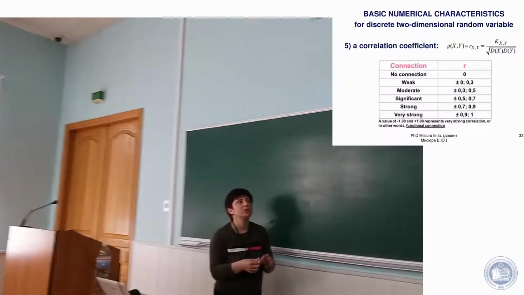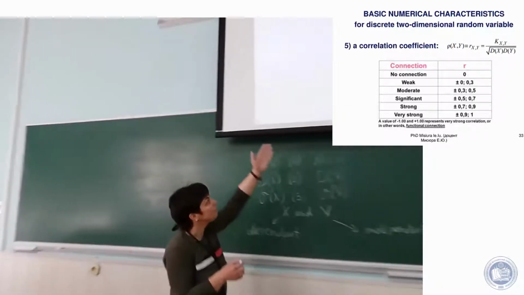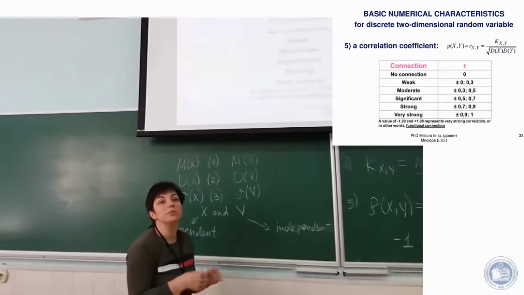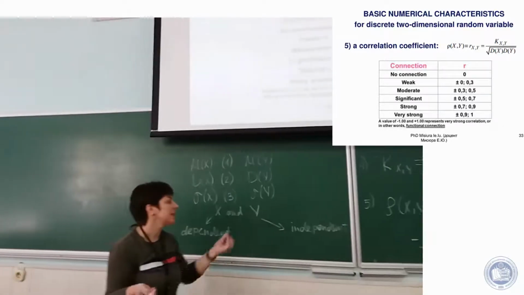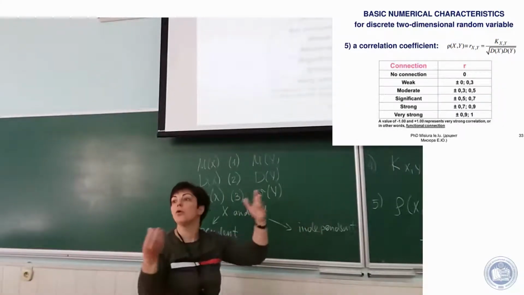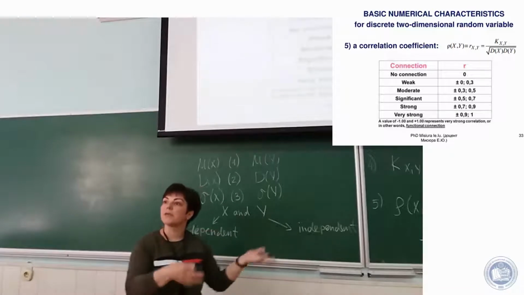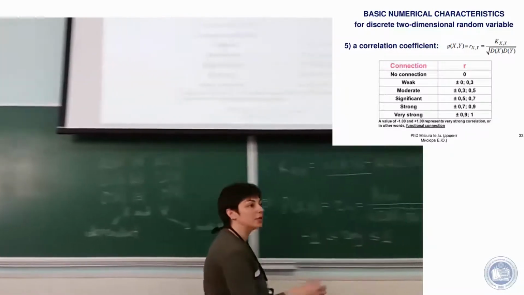Now students, please look at this table. We have all possible values. Let's remember, this coefficient may be positive or negative. If we have negative, it means we have negative correlation.